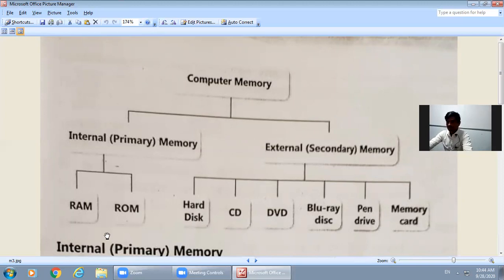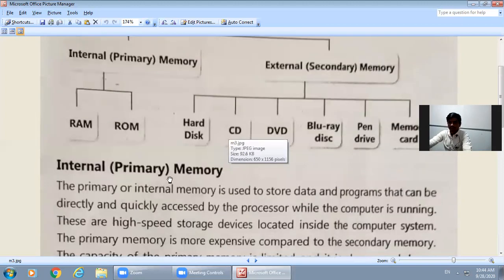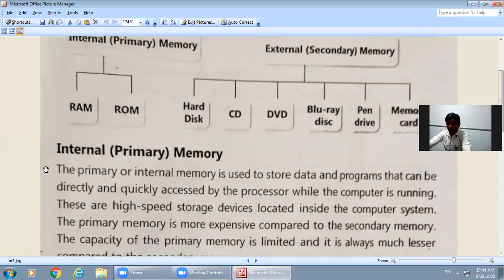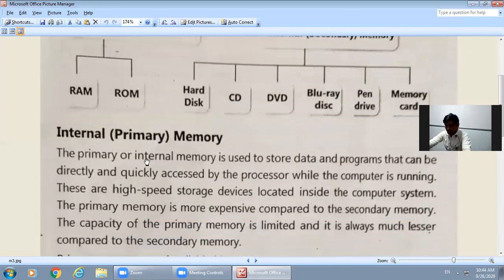Now, regarding this, we can see one by one. First of all, we will see internal, meaning primary memory. The primary or internal memory is used to store data and program that can be directly and quickly accessed by the processor while the computer is working.